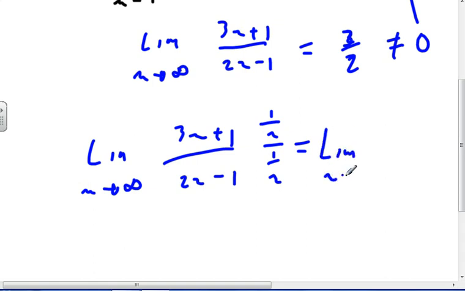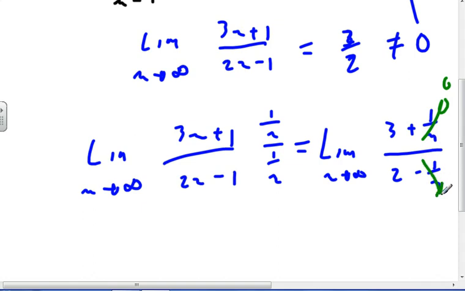I'm going to have 3 plus 1 over n over 2 minus 1 over n. As n goes to infinity, 1 over n goes to 0, and I have 3 over 2. It's not equal to 0, so by my nth term test, I diverge. Okay, one more problem, and then on to the next section.